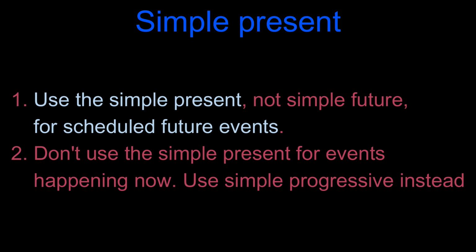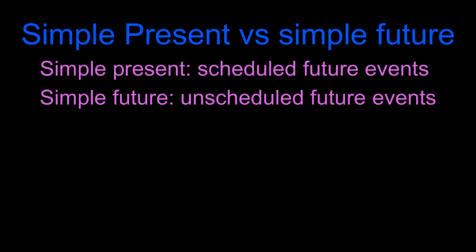These are things to remember. First, use the simple present, not simple future, for scheduled future events. Second, don't use the simple present for the events that are happening right now. Simple present versus simple future. While the simple present is used for scheduled future events, the simple future is used for spontaneous decisions about future actions.